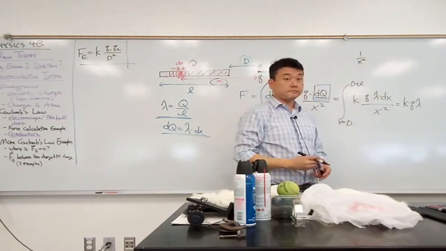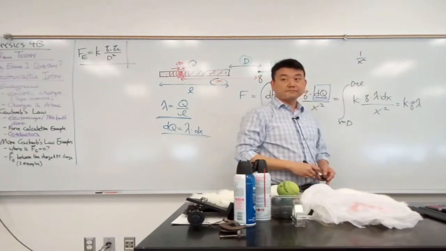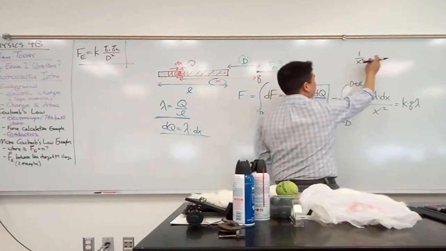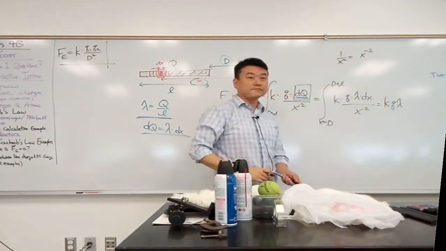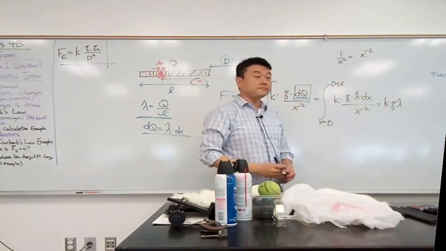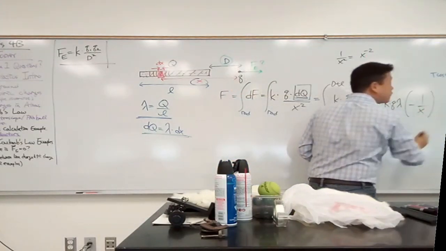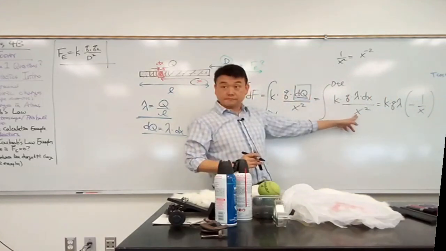Isn't it ln of x? Nope, you skipped one. Let me rewrite it in a format that might be easier: x to the power of minus 2. Yeah, minus 1 over x. If you're not sure, take the derivative of it. You should get this back.